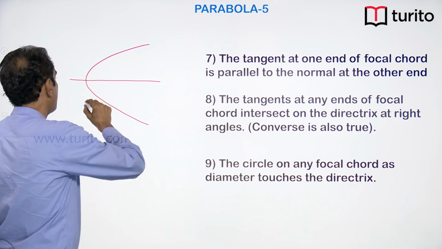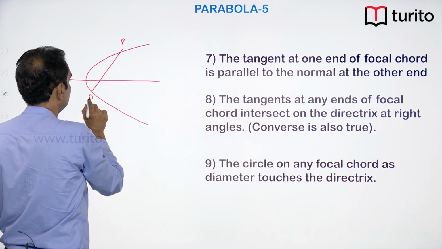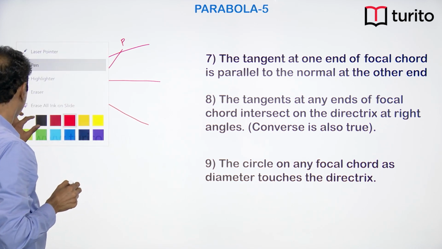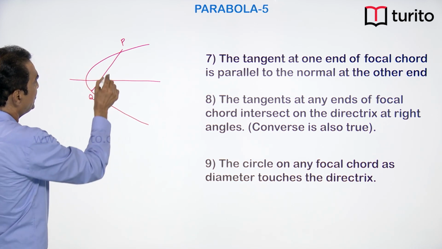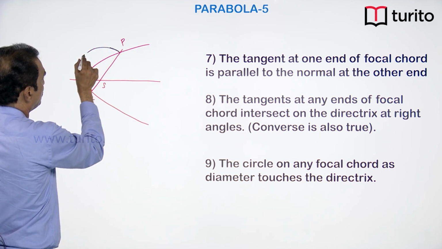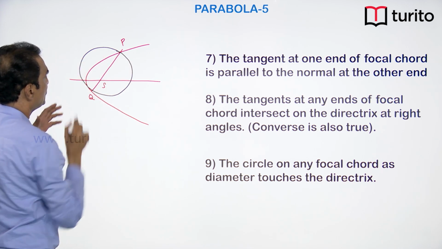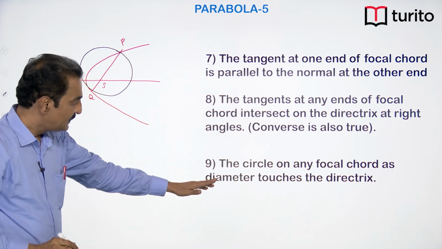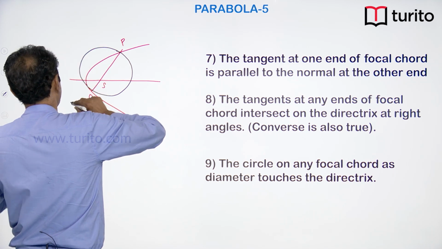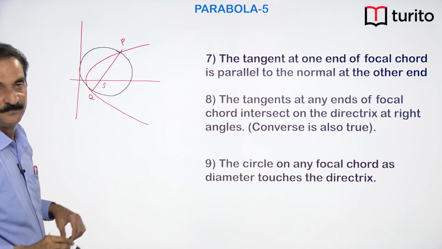Take a focal chord, this is focus, draw a circle with the focal chord as diameter. This circle touches the directrix. So, directrix will be a tangent to the circle.